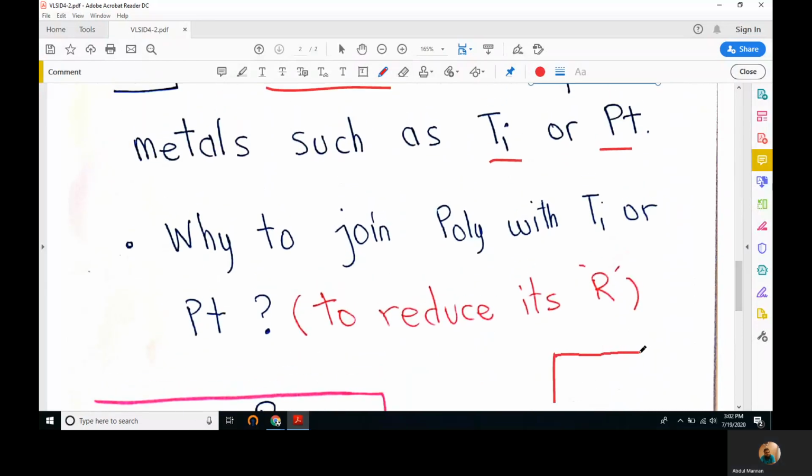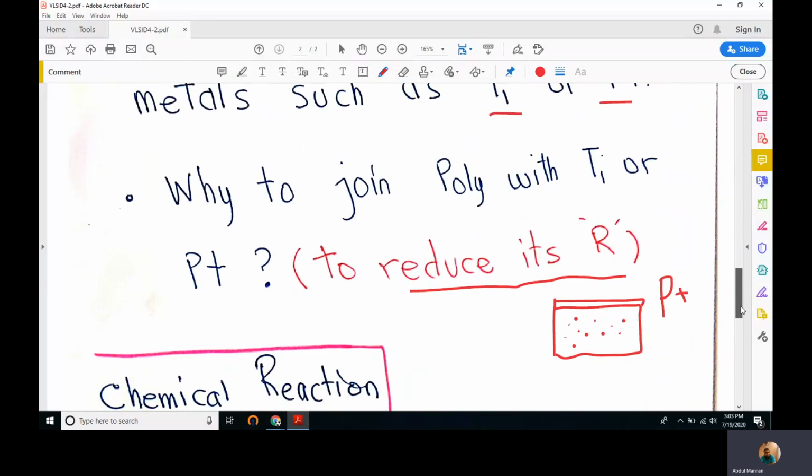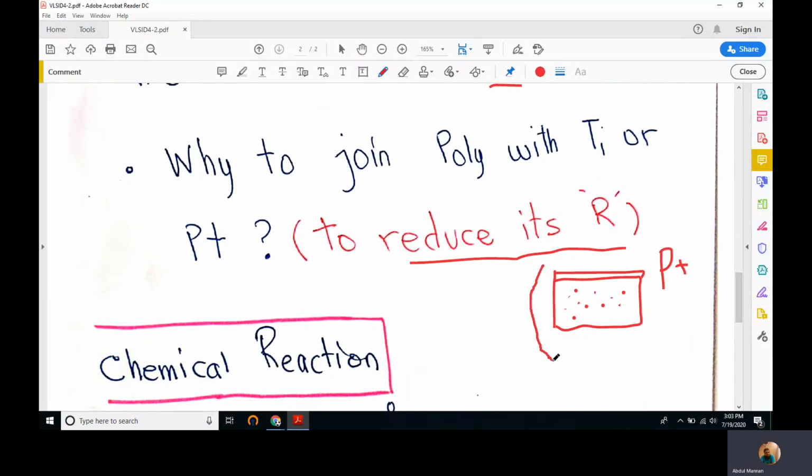gate. So in modern VLSI design, the gate is composed of polycrystal silicon, and on top of it we have a thin layer of platinum or titanium, because it reduces its resistance, or this combination makes the conductivity of the gate terminal better than it already is with polycrystal silicon.